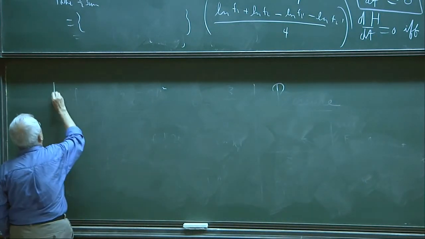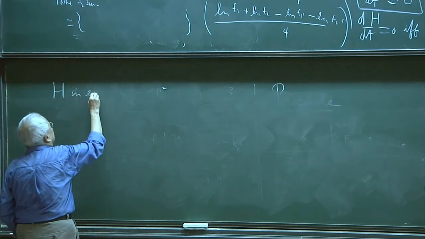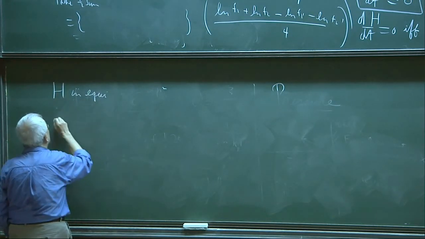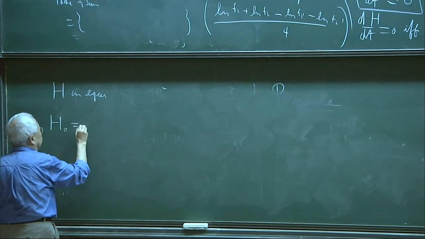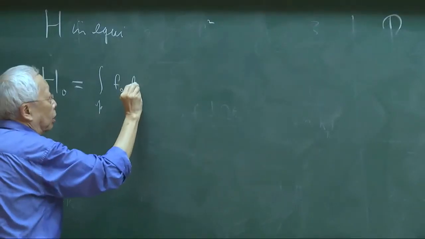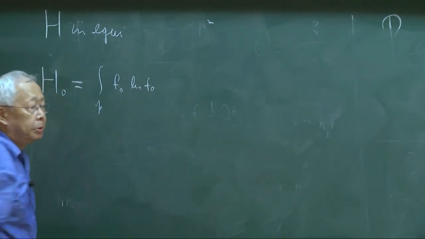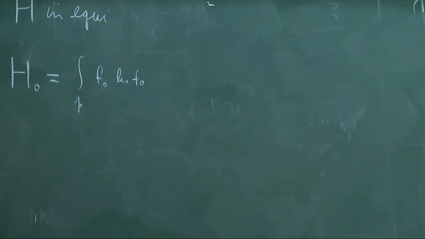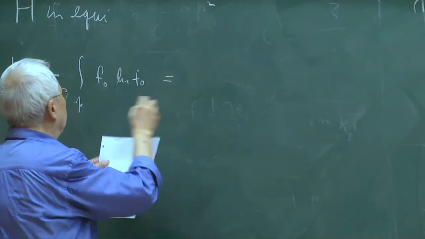So H in equilibrium, we call it H0, which is equal to the integral over p of F0 log F0. You put in Maxwell-Boltzmann, you just compute it. What is this equal to? From there you get C.